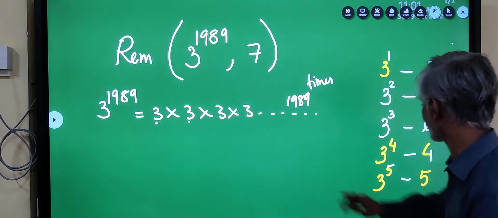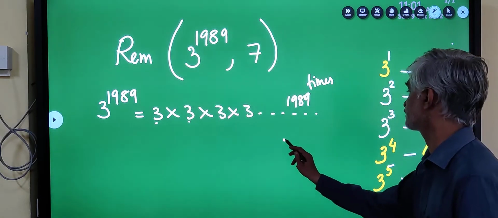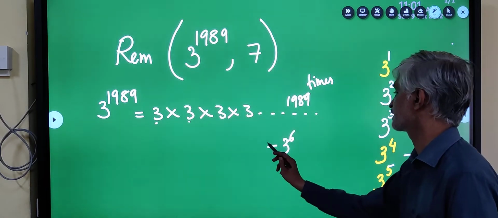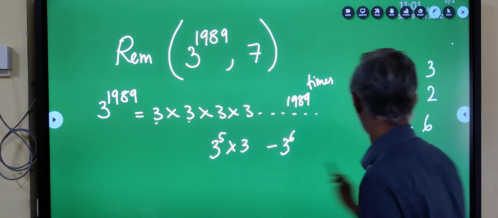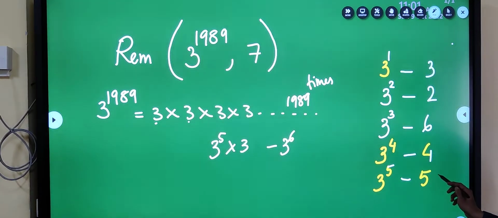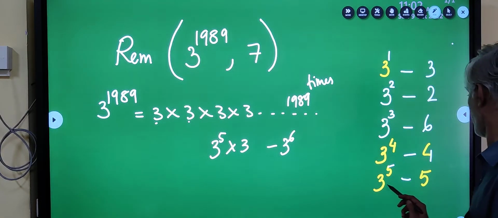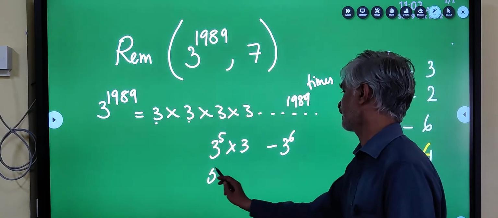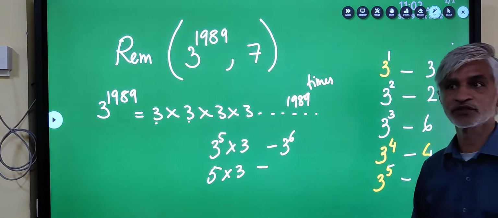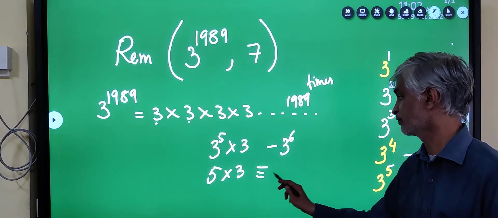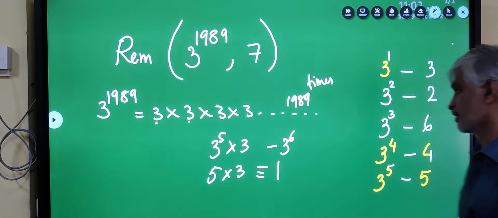And let me try one last one, which is 3 raised to 6, which is the same as 3 raised to 5 into 3. And 3 raised to 5 leaves a remainder of 5. So this is nothing but 5 into 3. And here you can see that 5 into 3 when you divide by 7 leaves a remainder of 1.